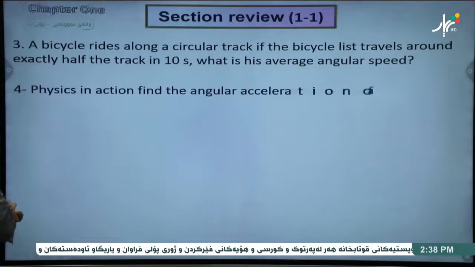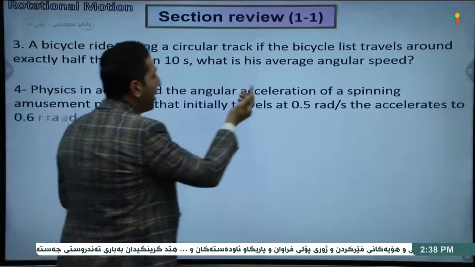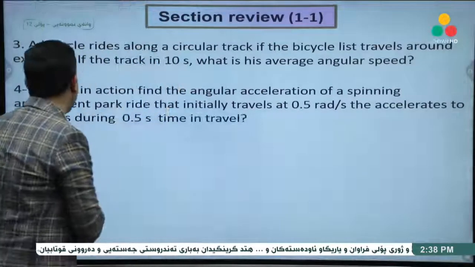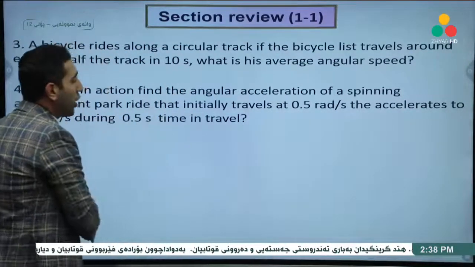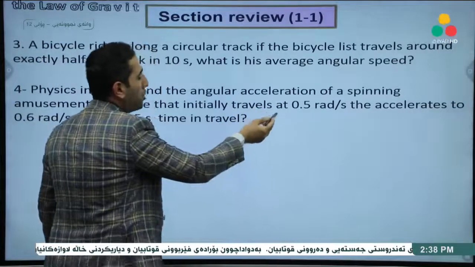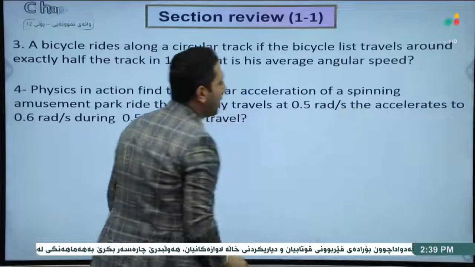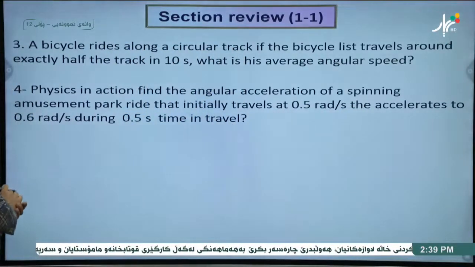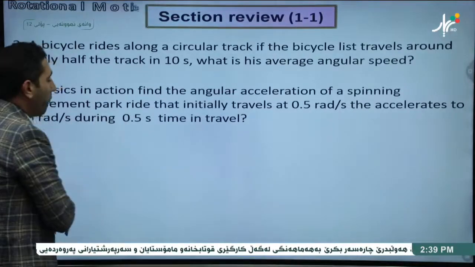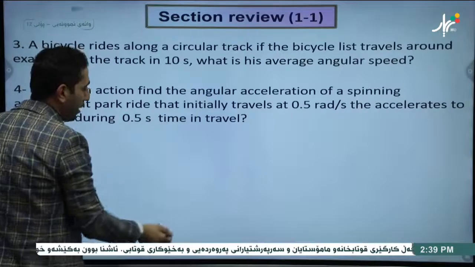Question number 4, physics in action. Find the angular acceleration of a spinning amusement park ride that initially travels at 0.5 rad per second and accelerates to 0.6 rad per second during a 0.5 second time interval.